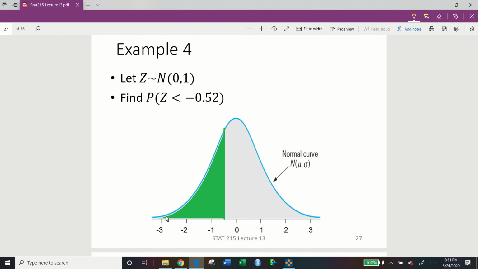So if we look at our drawing, 0 in our center, we've got 1 going up for our standard deviation, subtracting 1 as we go to the left, and between 0 and negative 1 we would have our negative 0.52. And lucky for us, as we've established, when we are asked to find less than when we're dealing with probabilities of a normal distribution, that is exactly what our table shows us. So we should be very easily able to find the area under this curve.